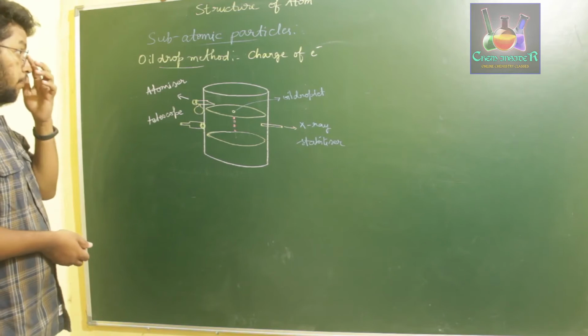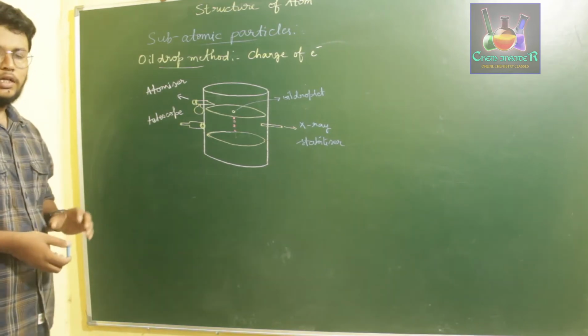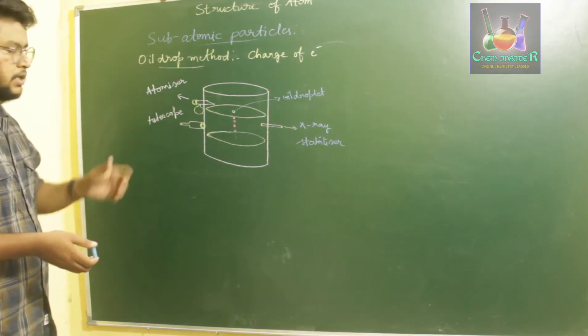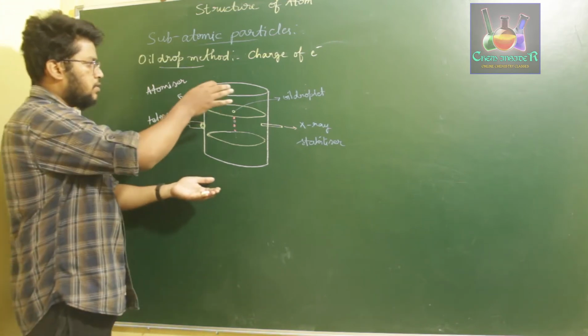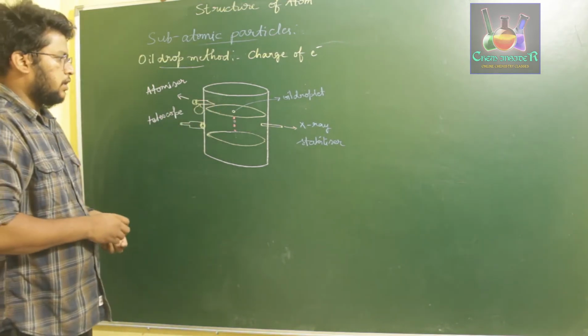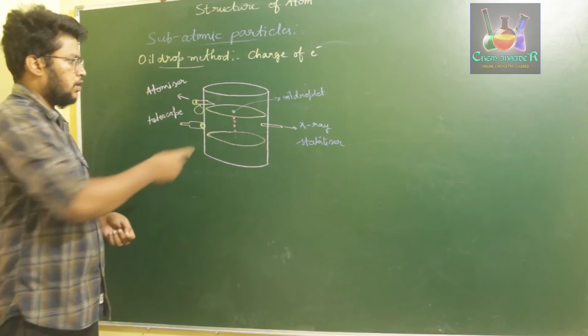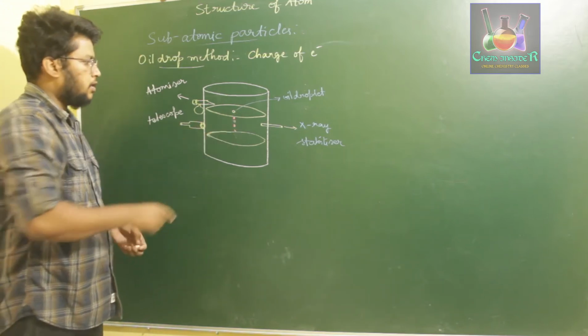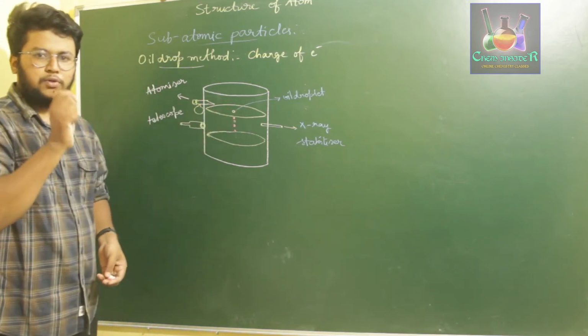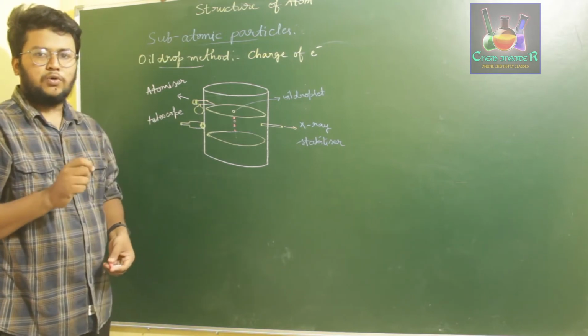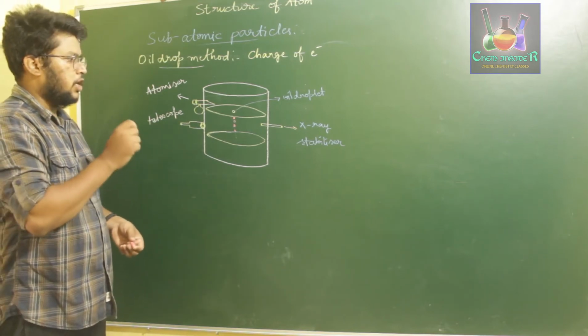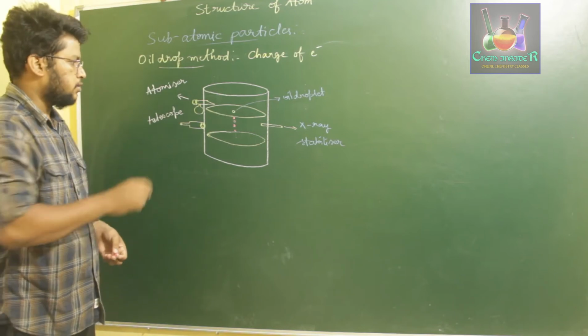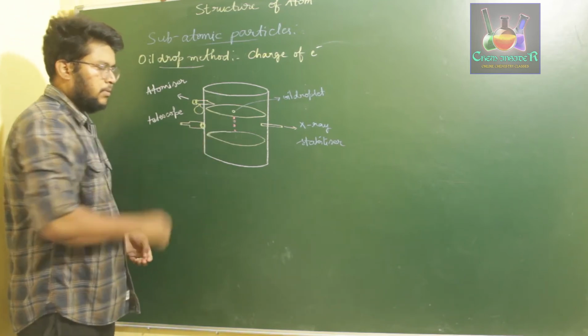So we'll discuss that now. In the oil drop method, R.A. Millikan considered an experimental setup like this, in which he took a closed container. In that closed container, he placed 2 discs, one at the top and one at the bottom, and the top disc had a small minute hole which allows droplets of oil to pass through, and they were collected at the bottom plate.